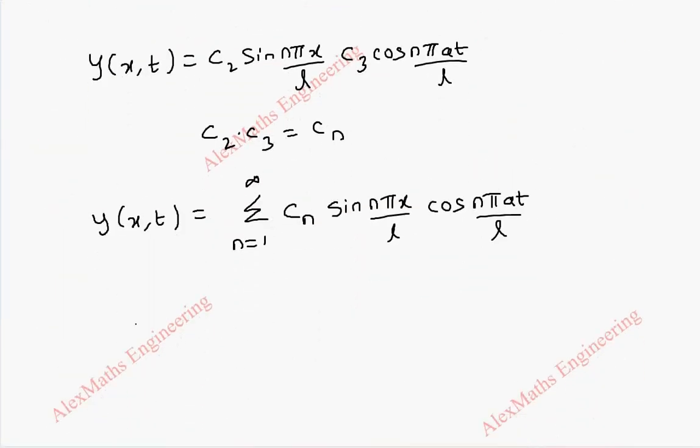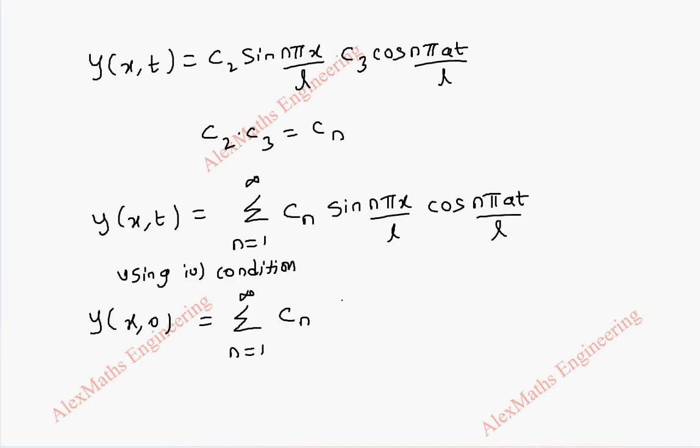So y of x comma 0 equal to, using the fourth condition, summation n is from 1 to infinity Cn, and t is 0. So we have only sine n pi x by L, and cos 0 is 1.